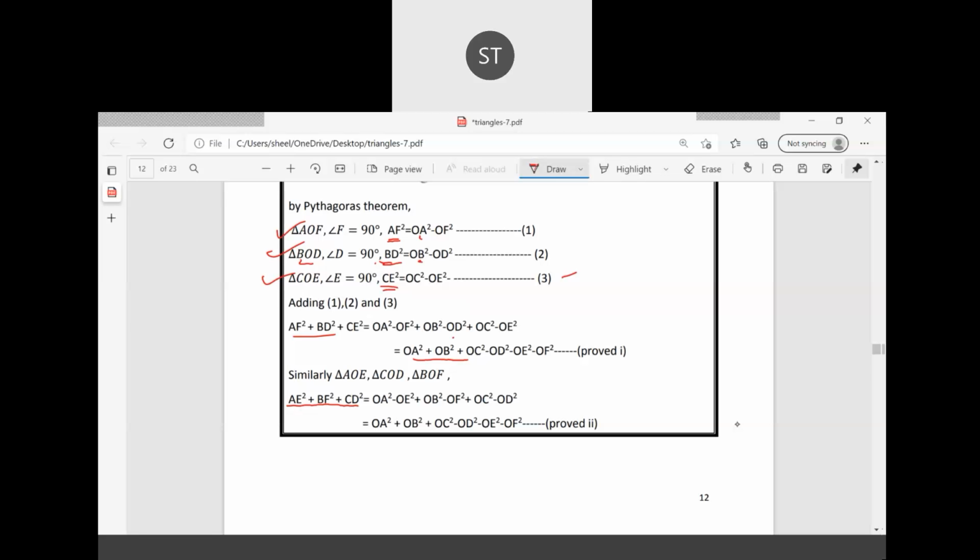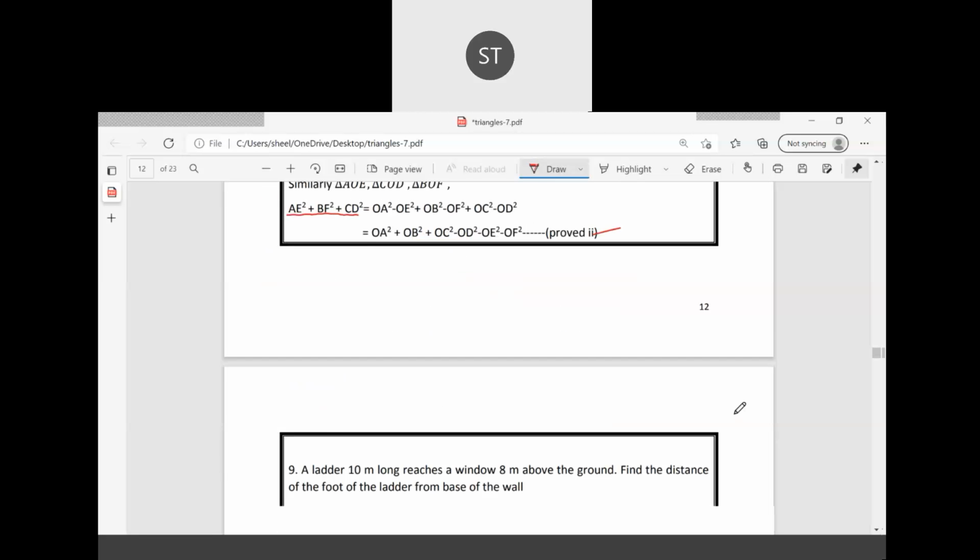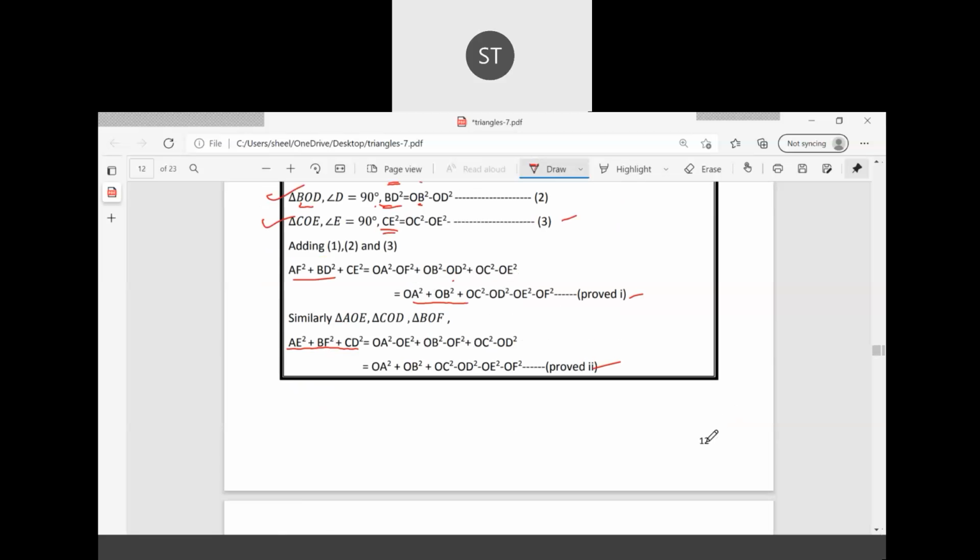This time it is OA square minus OE square. If you check the diagram, you can understand. Arrange them and you will get OA square plus OB square plus OC square minus OD square minus OE square minus OF square. So we have proved 1 and proved 2, and both are equal.